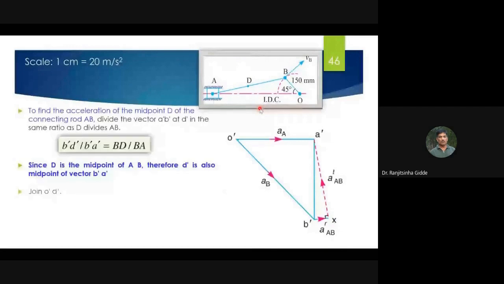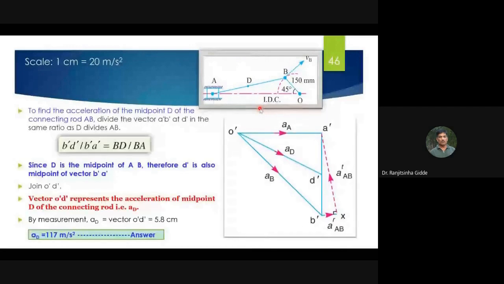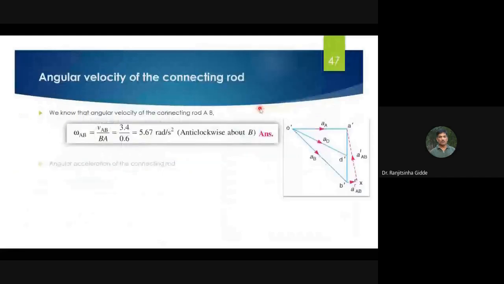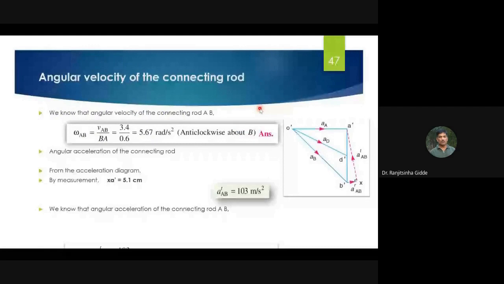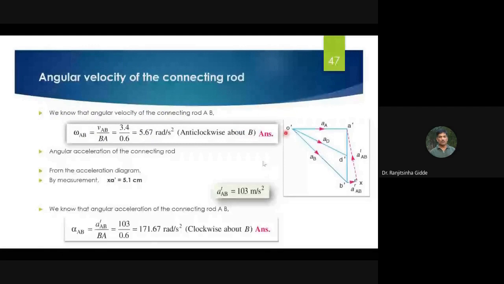So just for calculation of this, I will show you angular acceleration of the connecting rod. For that we have taken this tangential component of AB divided by this BA to get this alpha AB.